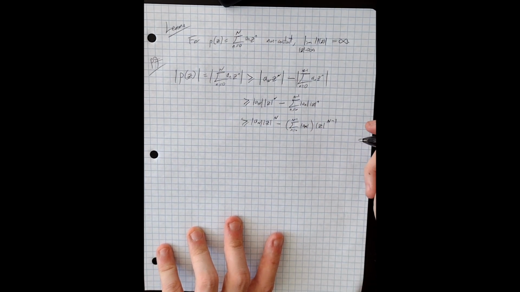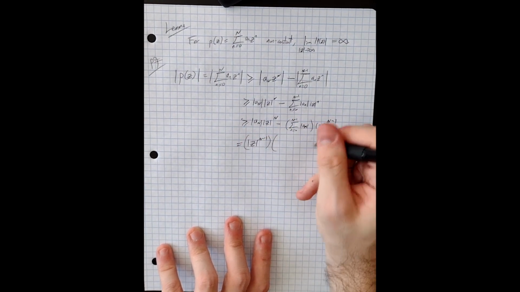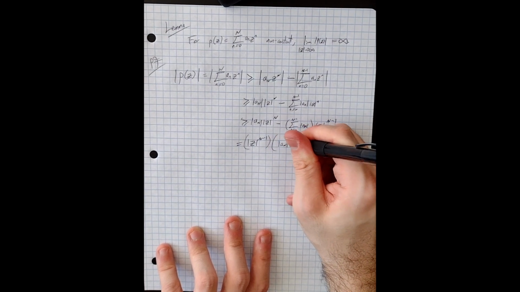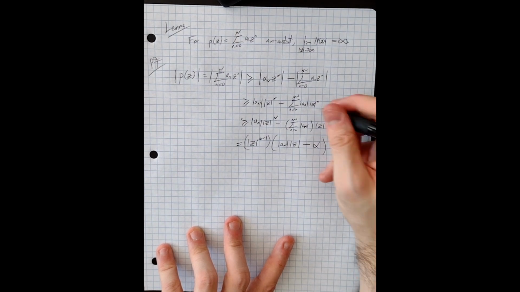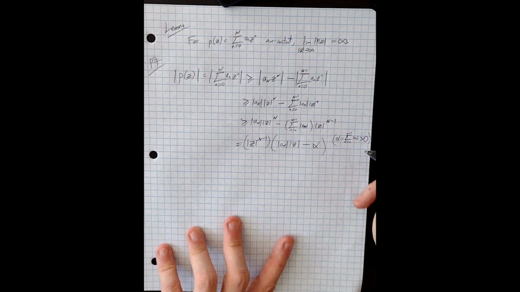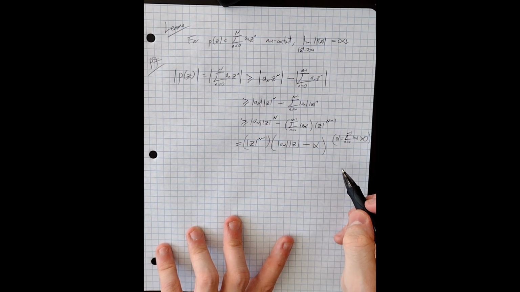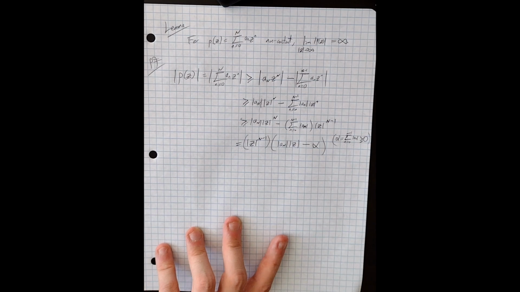Okay, and now we're going to factor some stuff out. And let's just call this alpha. So alpha is this thing. And this is strictly greater than 0 because we assume that it's non-constant. Well, actually I guess we don't know that. We just know it's greater than or equal to 0, but whatever.